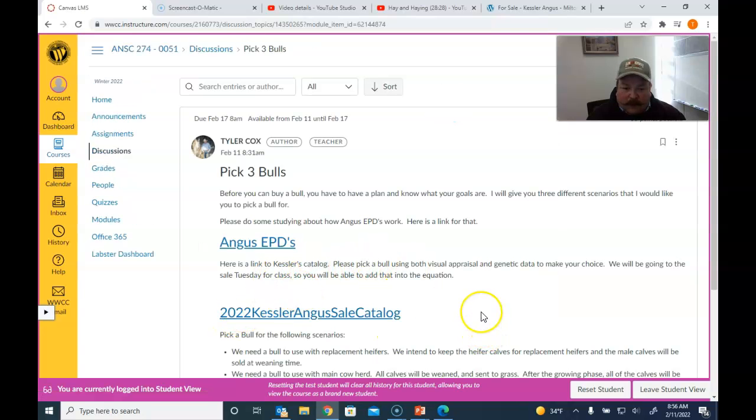The whole premise of this exercise is, and we have the perfect place to go look at some cattle and kind of put all this together, that I would like you to pick 3 different bulls for 3 different scenarios that I gave you in this assignment. So I started by saying you got to have a plan and know what you're buying a bull for. We can't do a good job buying bulls by just going and throwing darts at the catalog and picking one and getting a hold of him.